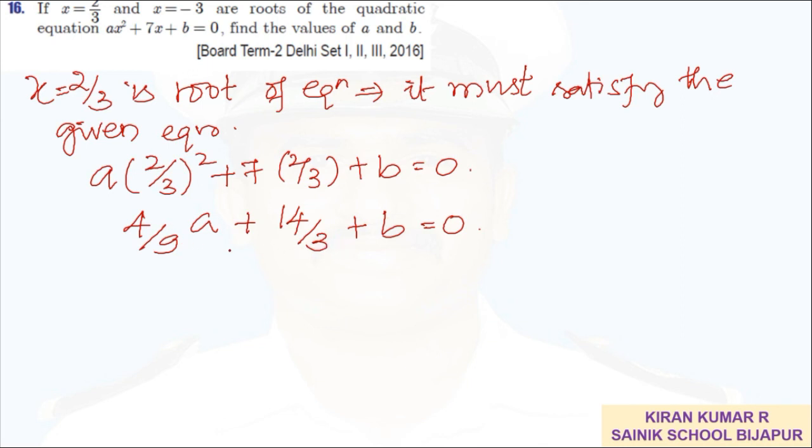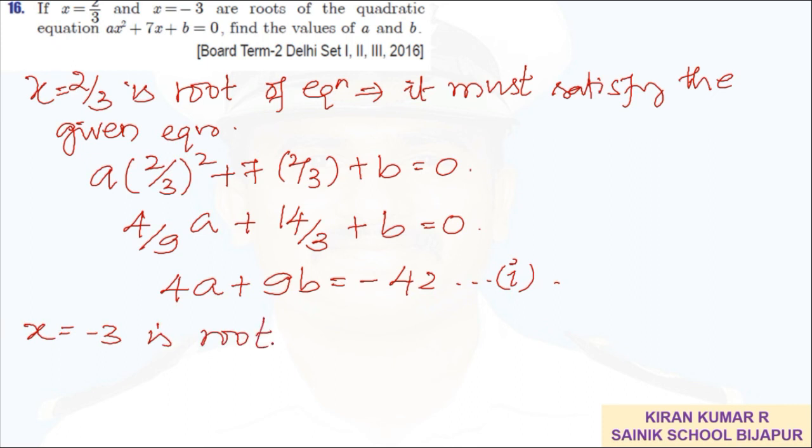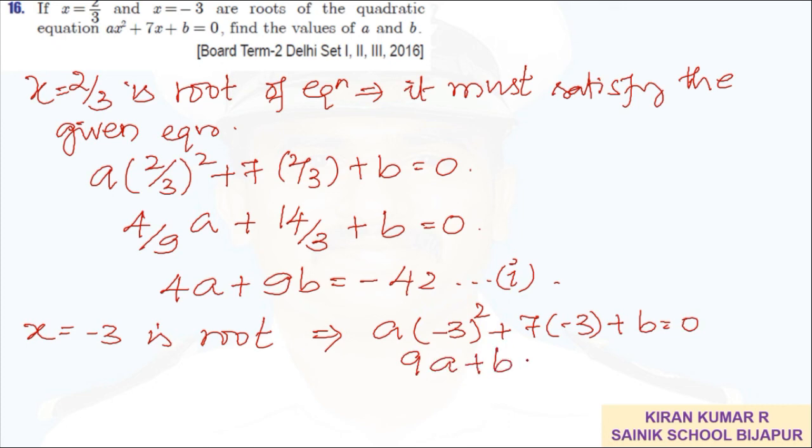LCM here is 9, so 4a plus 9b equal to negative 42. This will be our equation. Similarly, when x is equal to minus 3 is a root, this implies a times minus 3 square plus 7 times of minus 3 plus b equal to 0. From this, I'll get another equation, 9a plus b equal to positive 21.